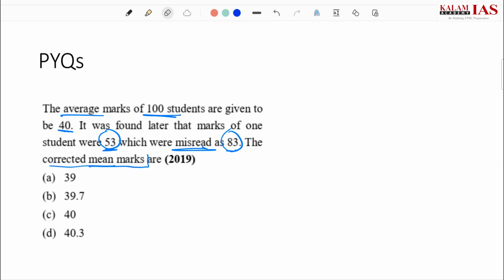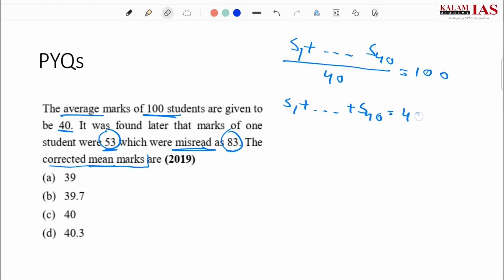The corrected mean marks. Now the average, suppose we have 40 students, S1, S2, S3 to S40. That average is equals to 100. So the summation is S1 plus S2, S3 till S40 is equals to 4000. Now एक बच्चे का स्कोर 53 की जगह 83 पढ़ लिया गया.